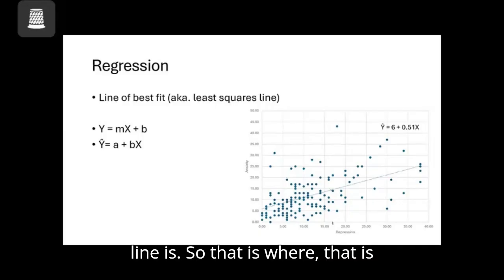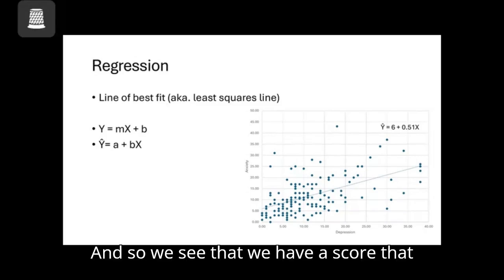So that is how I can predict scores. Now, it looks like I don't have anyone who scored 17 and 14.67 because all of the data in this sample is integers. It's all whole numbers. But it can predict what the scores would be.